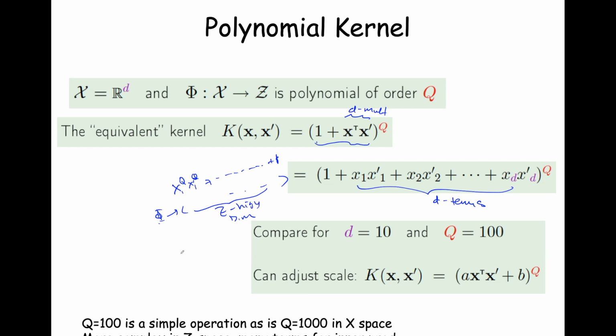Okay, and so this kernel trick gives you the benefit of highly nonlinear feature spaces and thus highly nonlinear hyperplanes, but you don't pay the cost of evaluating this phi function in order to compute this inner product in the Z space.